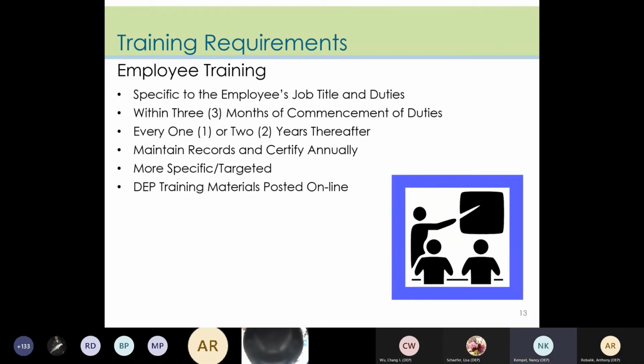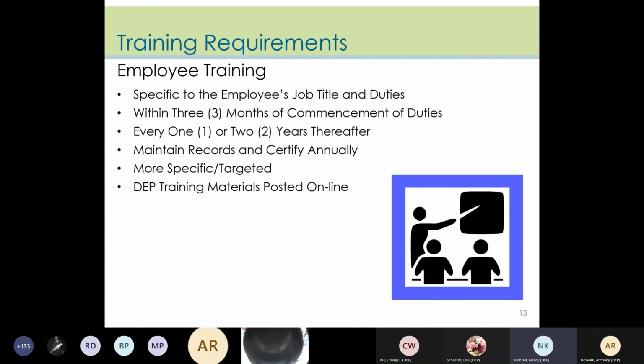The permit also requires employee training. The training should be specific to the employee's job title and duties. It should occur within 3 months of commencement of those duties and also be scheduled based on the permit requirement every 1 or 2 years. Different trainings in the permit are specified to be once per year, once every 2 years.